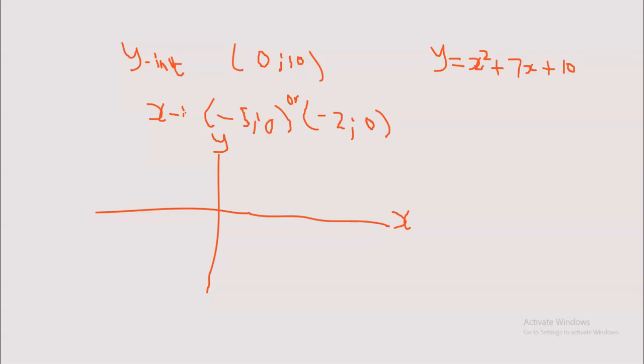Let's graph 0 and 10. I know my graph will cut y at 10, and then I'm going to have -2 as my x value, and -5 as my other x value, and then I'll just extend the graph.